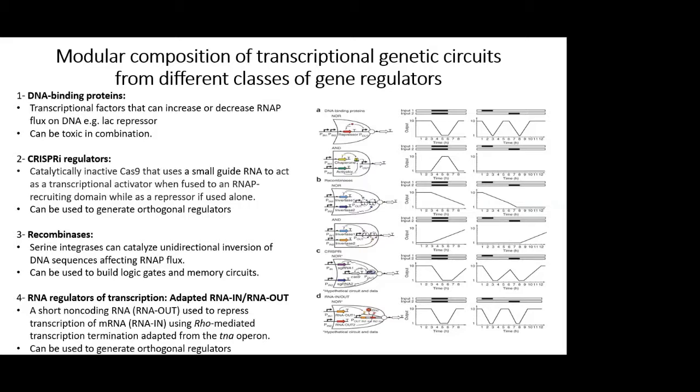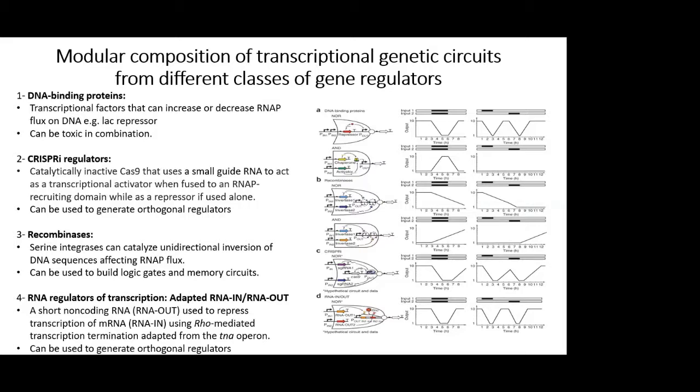The catalytically inactive Cas9 can simply target an RNA polymerase recruiting domain and activation domain to specific sequences of interest using a small guide RNA. So we can use catalytically inactive Cas9 as a transcription activator, and it can also be used as a transcription repressor if used alone without any activation domain.